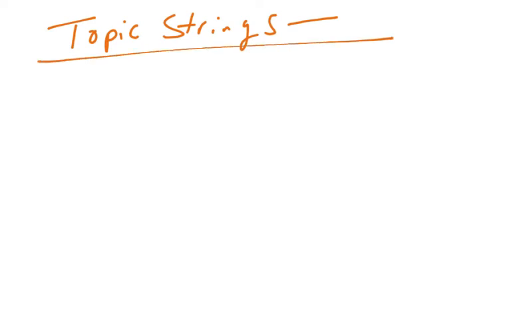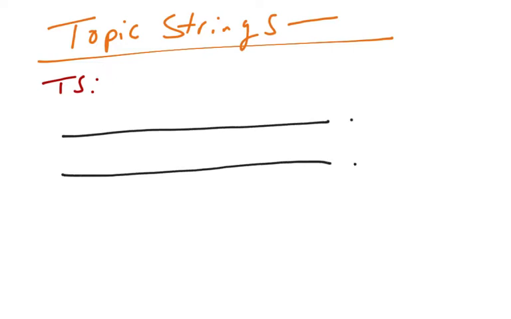Okay, let's talk about the idea of topic strings. This is one of the entries in your paragraph chart. Topic strings deal with a particular location in the sentence.